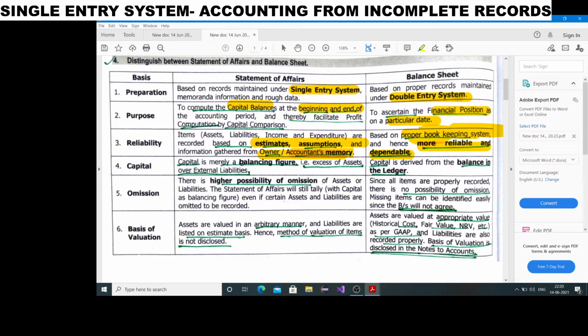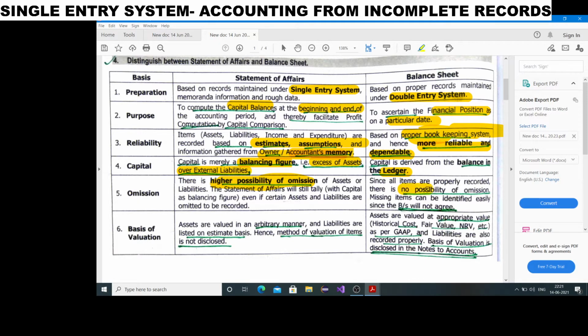The capital in statement of affairs is the balancing figure. Balancing figure is what? Surplus of assets over external liabilities. And in balance sheet, we find capital from the ledger balance. All right. And then the omission: there is high possibility of omission in statement of affairs. For example, I gave you the example of giving your stock as a gift or charity donation and you don't record it.